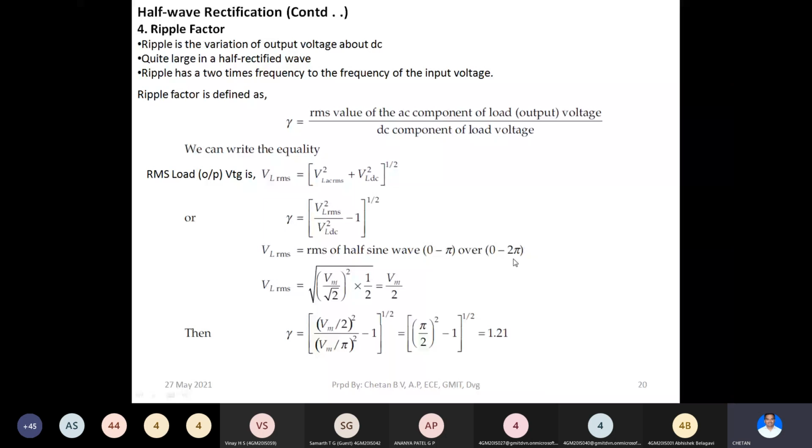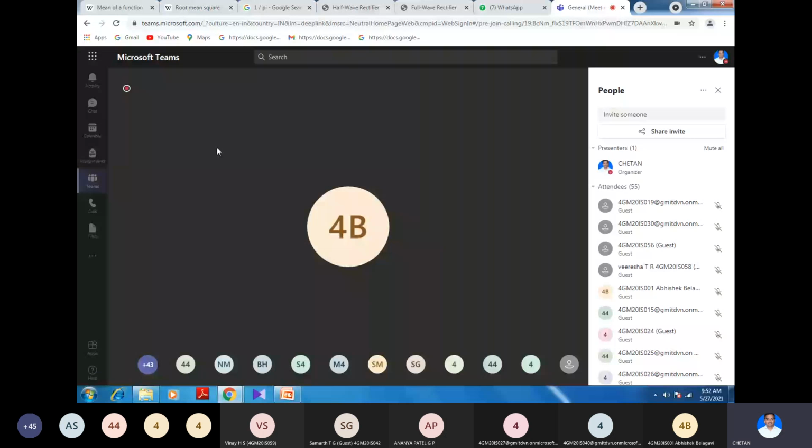And therefore VLRMS can be approximated like this, right? How to find out this VLRMS: again there is a general equation. You can get that on Wikipedia. RMS means root mean square.